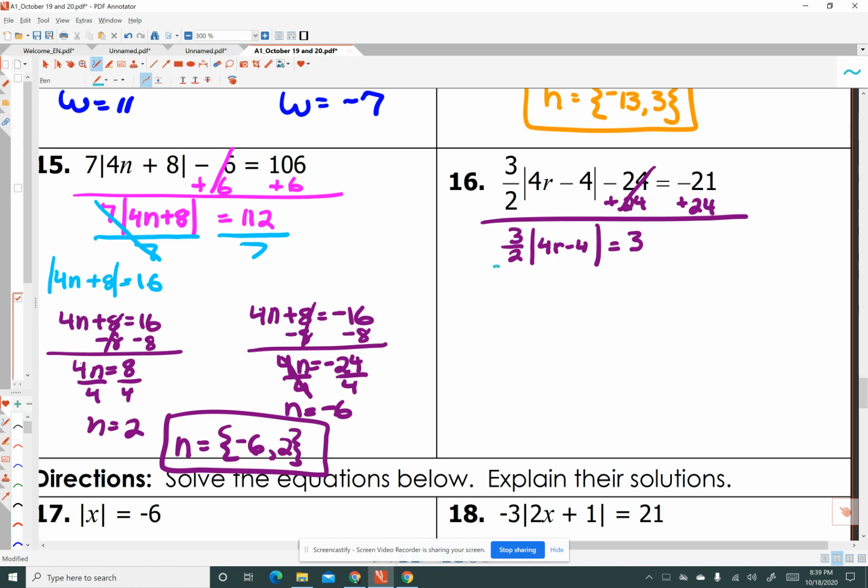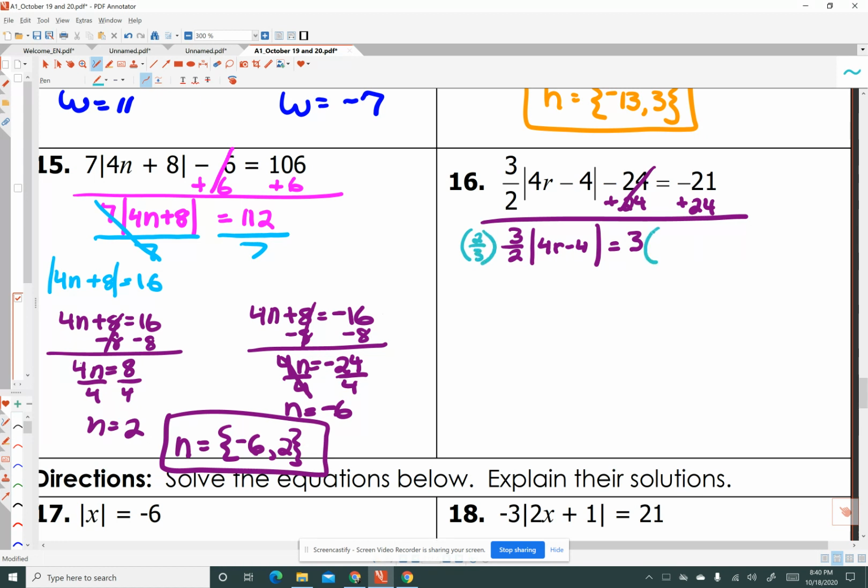So when we divide by 3 over 2, let's think of what we're actually doing. It's the same as multiplying by the inverse, which is 2/3. So let me show you a little bit of an easier way to do it. Dividing by 3 halves is the same as multiplying by 2/3.